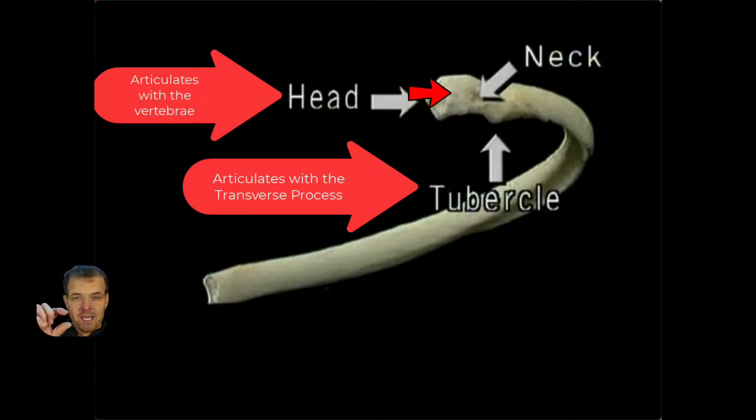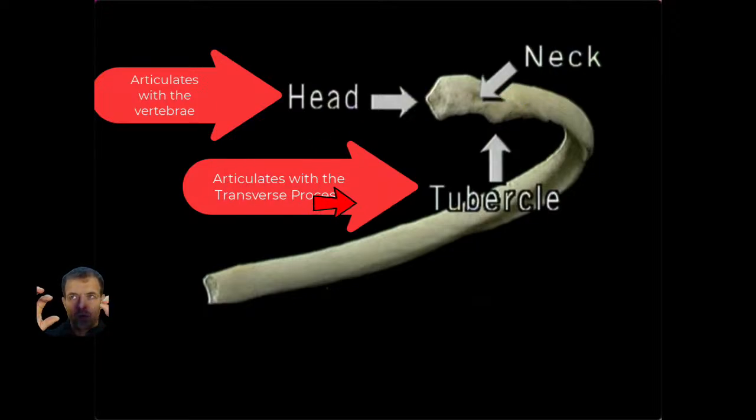That's the bit that attaches onto the vertebral body that I was just talking about. Then you'll have another little facet joint where it attaches onto the transverse process. The head articulates with the vertebra, and the tubercle articulates with the transverse process.